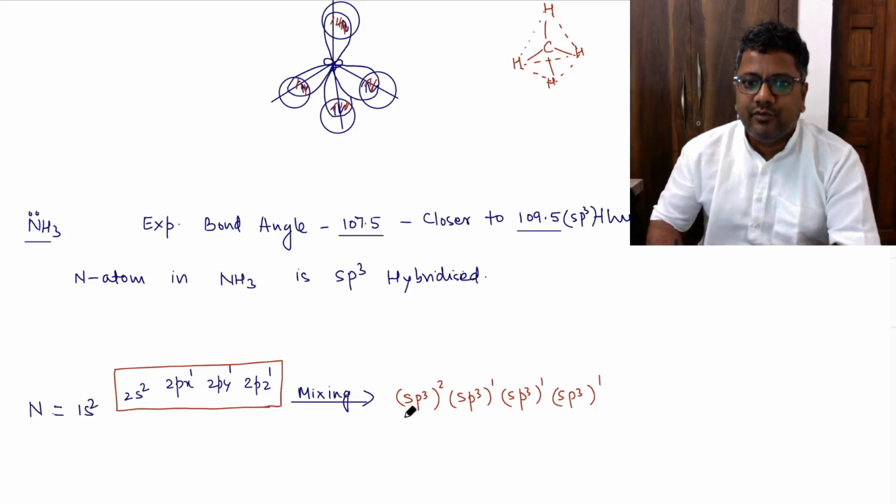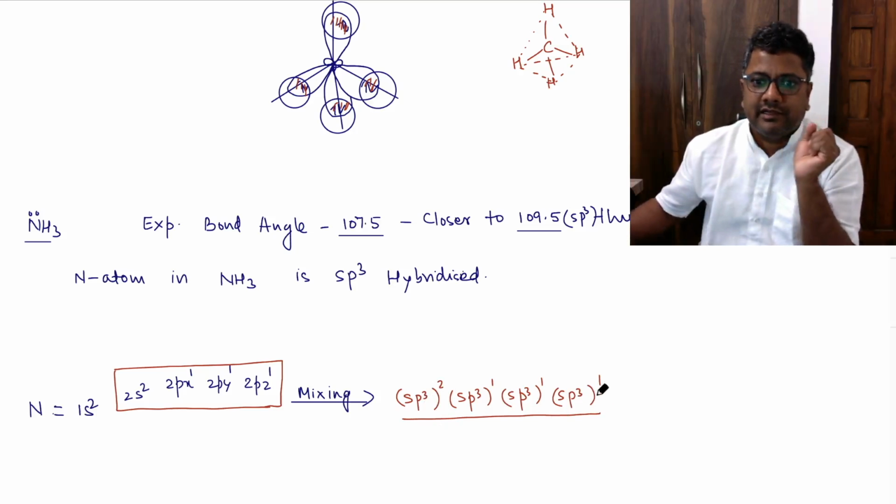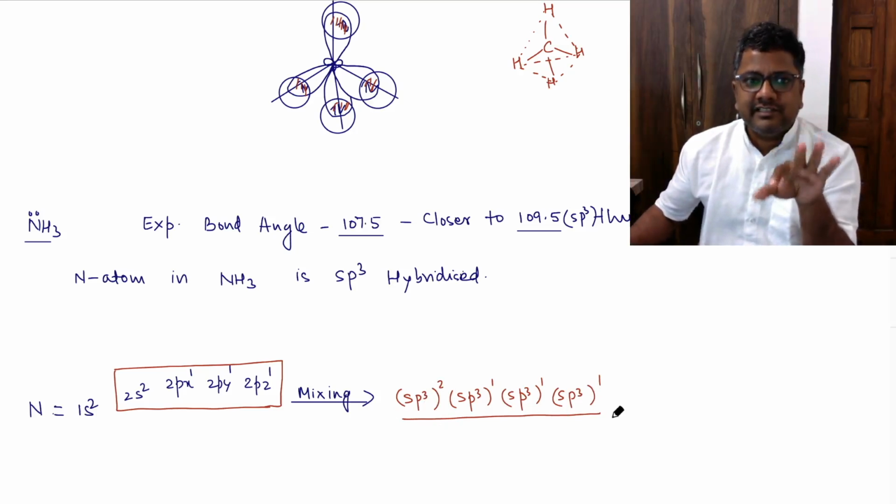So you have 4 sp3 hybrid orbitals, in which one hybrid orbital has 2 electrons and 3 hybrid orbitals have 1 electron.